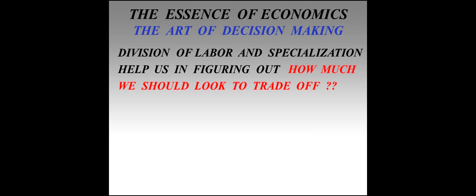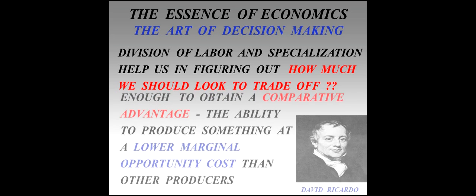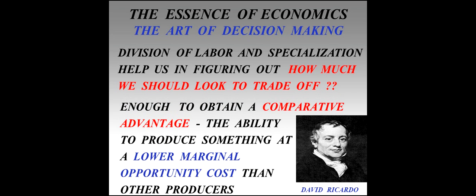It helps and guides us into just how far we should go with division of labor and specialization. David Ricardo said that we should look to trade off enough to obtain what he called a comparative advantage. And what he meant is the ability to produce something at a lower marginal opportunity cost than other producers.